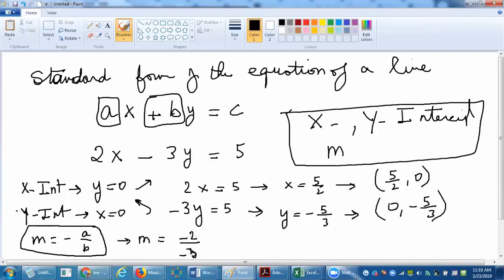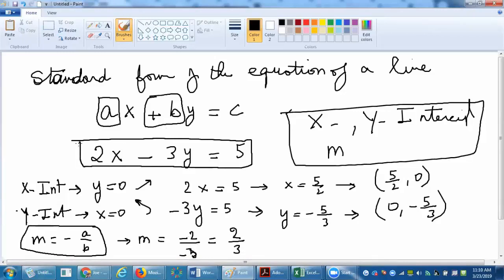So that's negative a over b, which is 2/3. So that would be the slope of this line, 2x minus 3y equals 5. All we have to do is remember it's negative a over b. Negative 2 over negative 3 is 2/3.